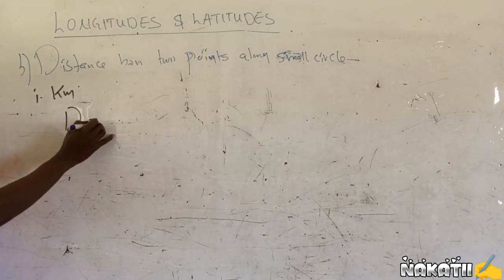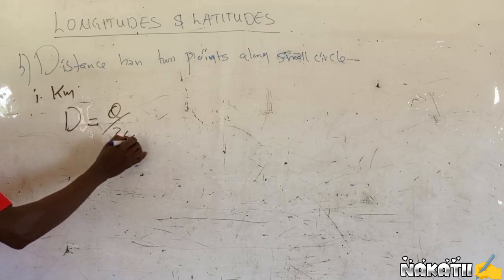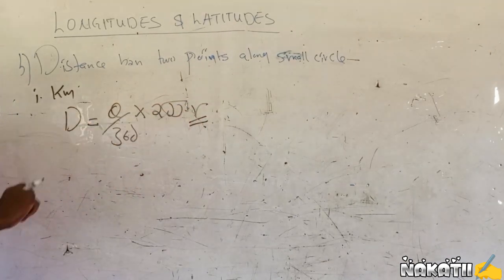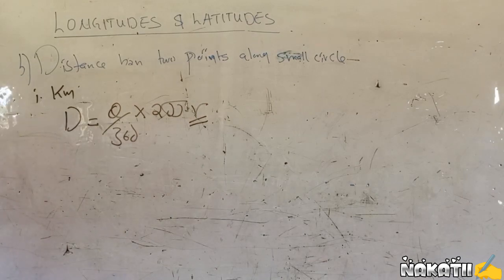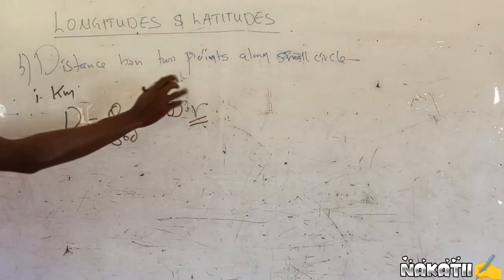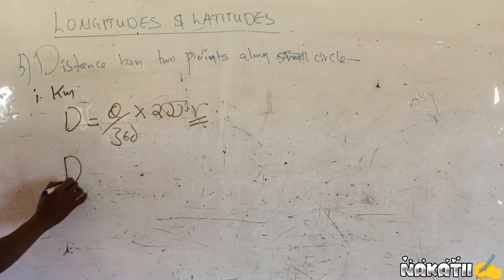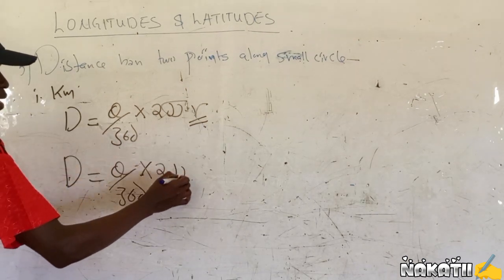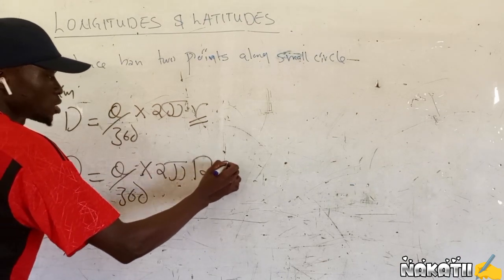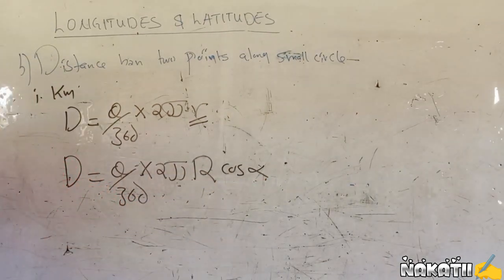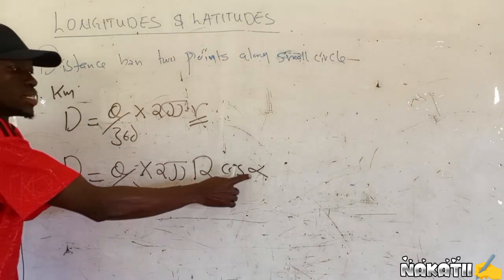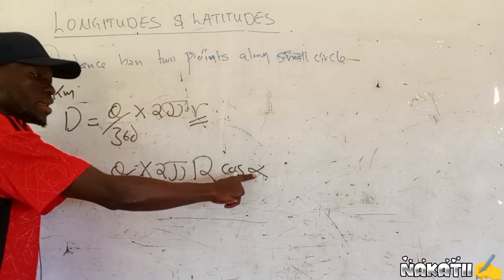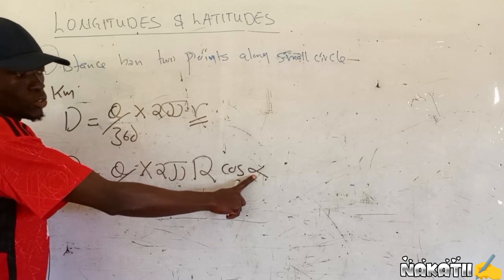That distance will be theta over 360 times 2 pi r, where r is the radius of that small circle, or the radius of the latitude. So this formula can be written as distance is equals to theta over 360 times 2 pi R cos alpha. So this time around, we use something different because we have theta. Theta is the angle between them, and alpha will be the latitude angle.